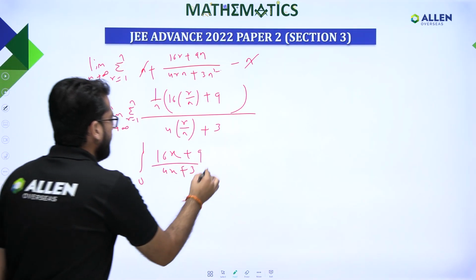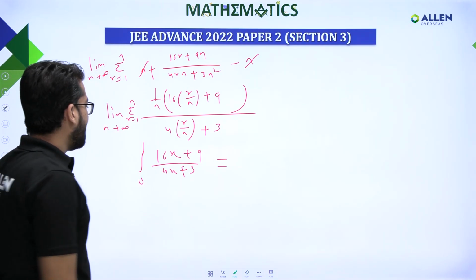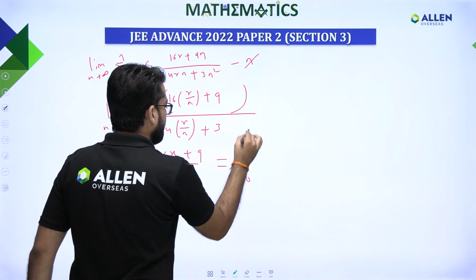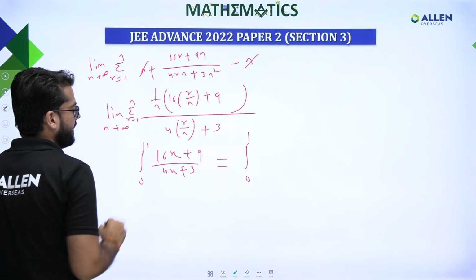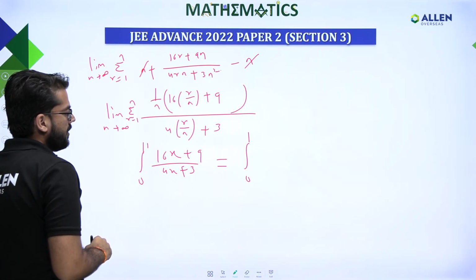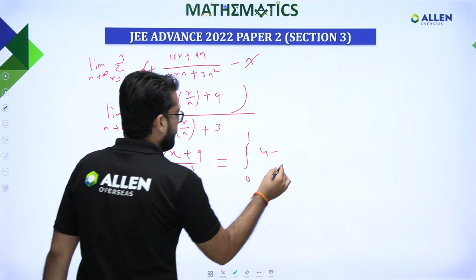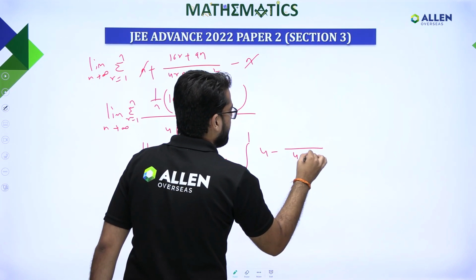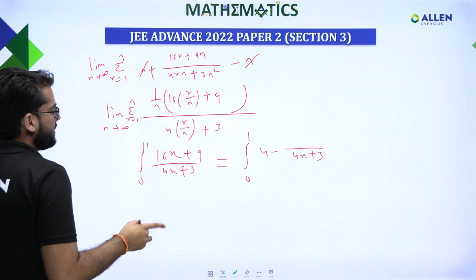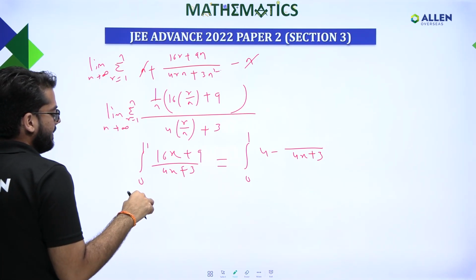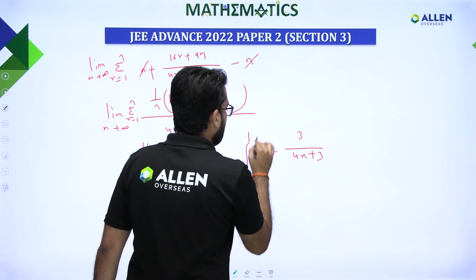Similarly we can now open this one as 0 to 1, here we have 1 here, right. 0 to 1 we can write it as, yes, 4 minus and then 4x plus 3, so 16x plus 12. Okay, so we need to take the 9, so we can take here 3.